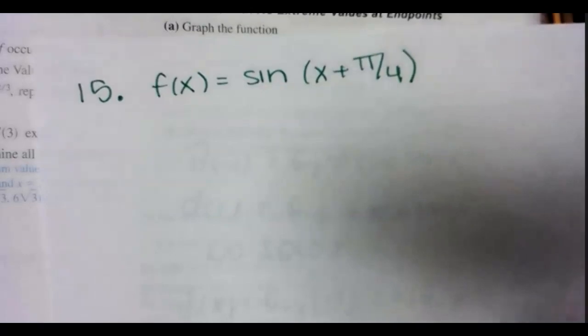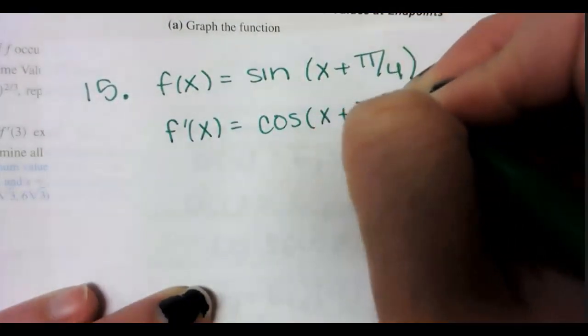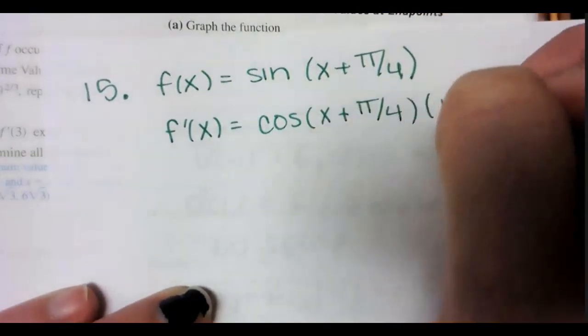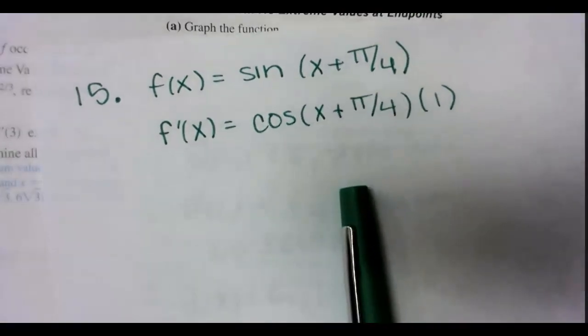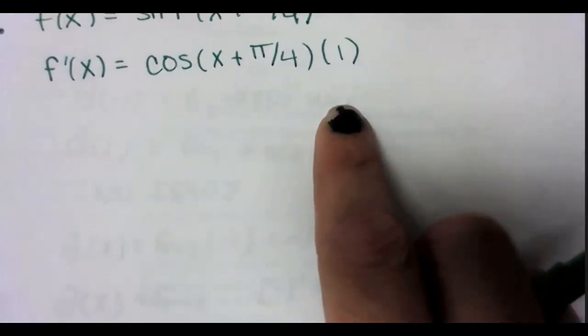Okay, so once again, the very first thing I'm doing is finding my derivative. And this would be a chain rule, but the derivative of the inside just happens to be 1. So we don't have to worry too much about that.